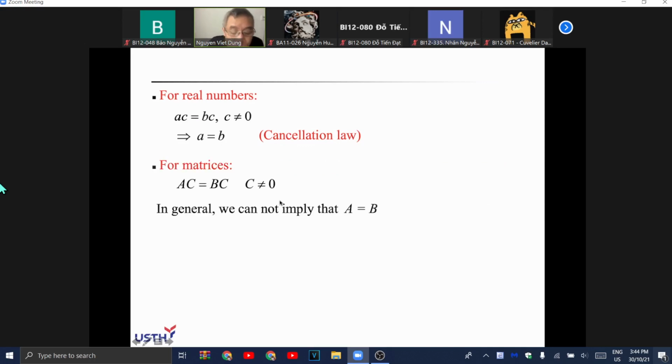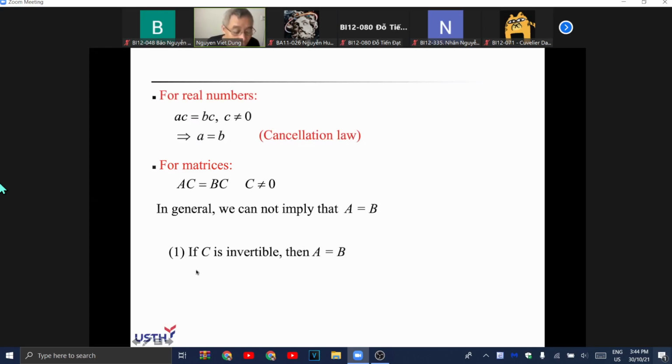But for matrices now, suppose that we have the product AC equal to BC, and C is not a zero matrix. In general, we cannot imply A equals B. In that case, we say the cancellation law is not valid.